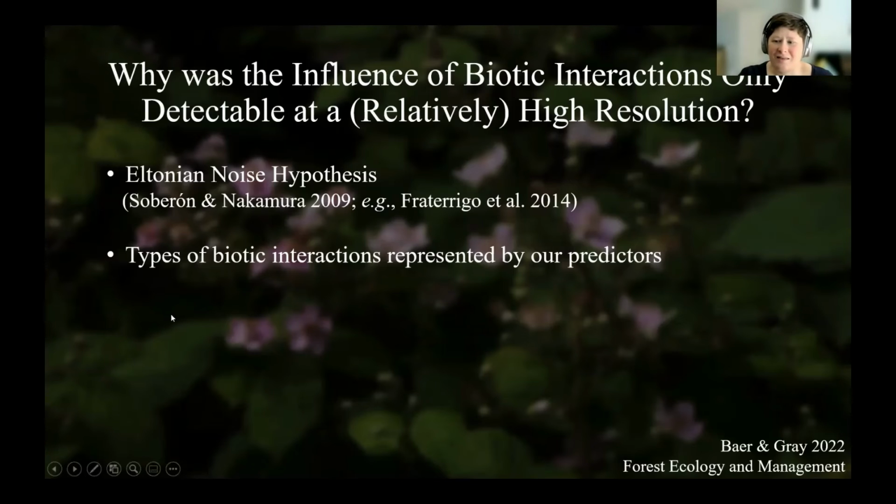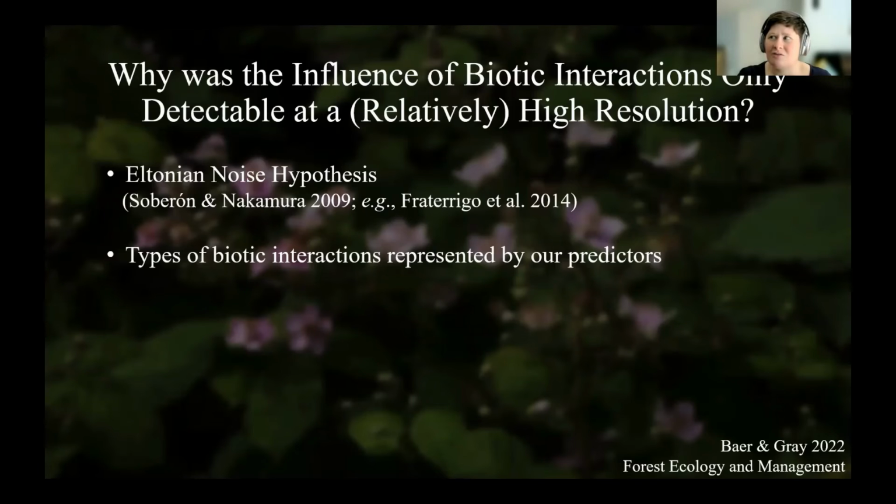And the second is that the types of biotic interactions represented by our predictors were more like a competition type of predictor. It tells us something about maybe competition for light with forest overstories, which we know can be important for invasive species. Many are shade intolerant.